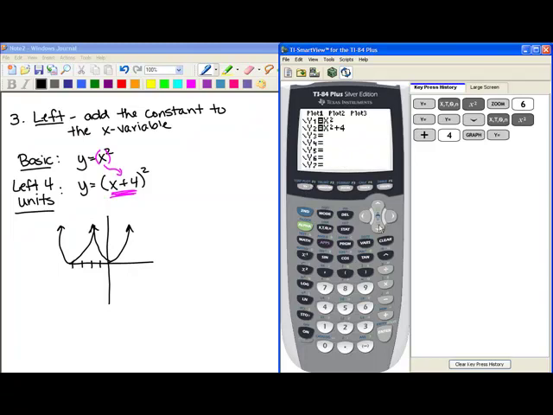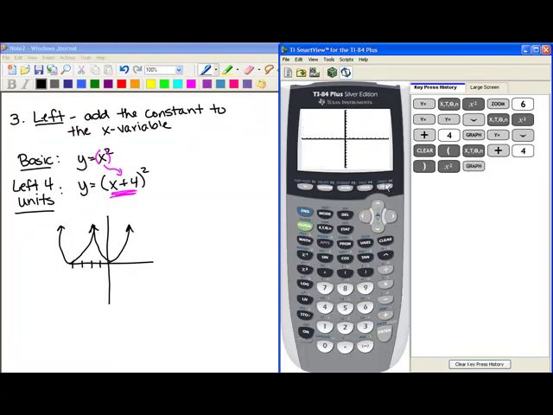I'll hit the y equals key, and I already have the basic graph in y1. So in y2, I'm going to clear that out and type in our new function. So when I hit graph, you'll see the basic graph drawn first, and then the other graph that's moved over 4 units. So the calculator is a great way to check.